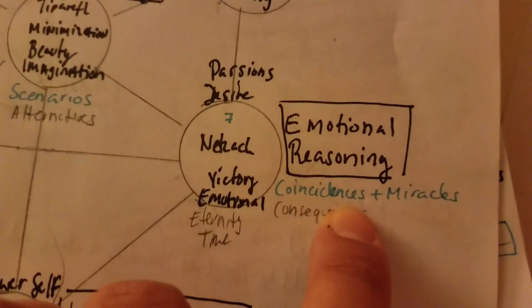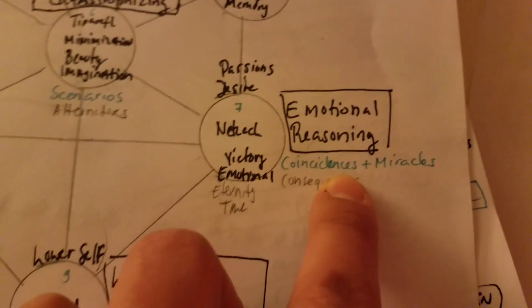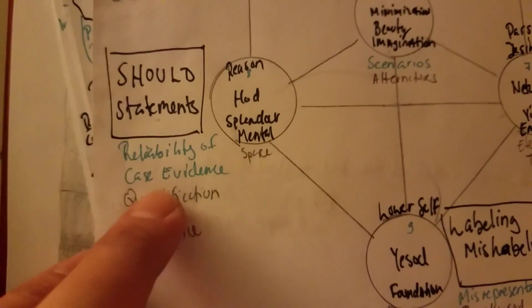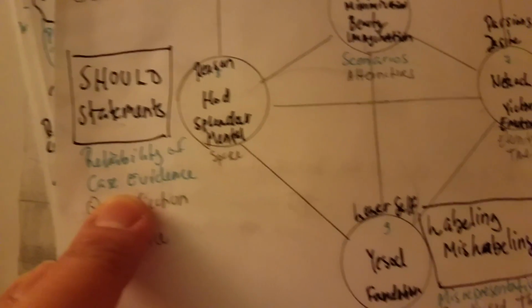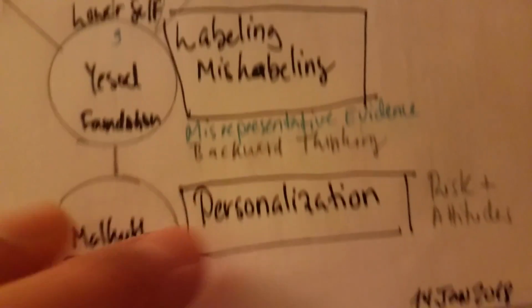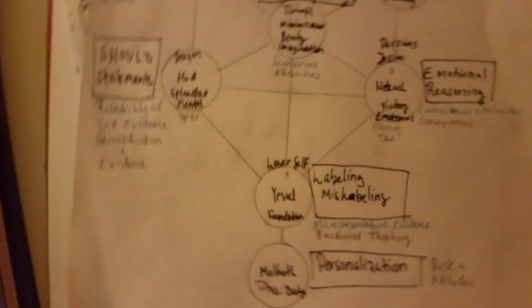And understanding these things can help protect you, basically. So that's one idea I have there, one correspondence. We've got reliability of case evidence. We've got misrepresentative evidence. And then risk and attitudes. So, yep, check that out.